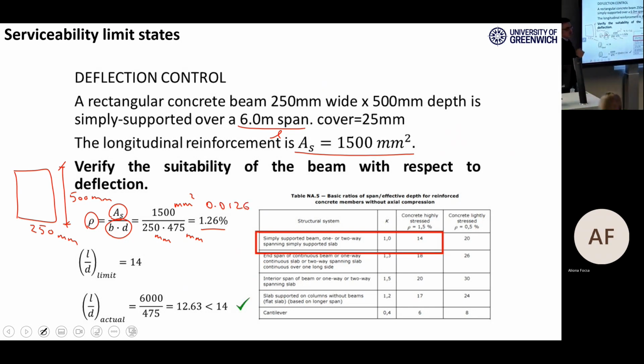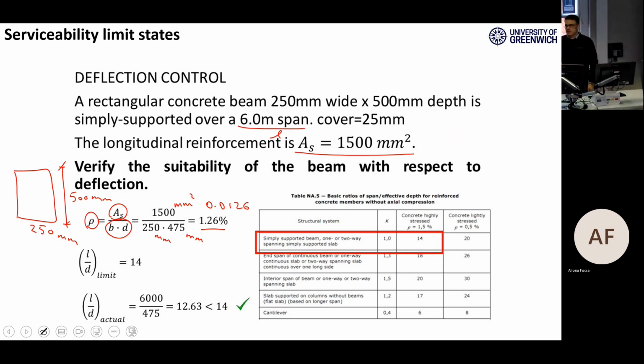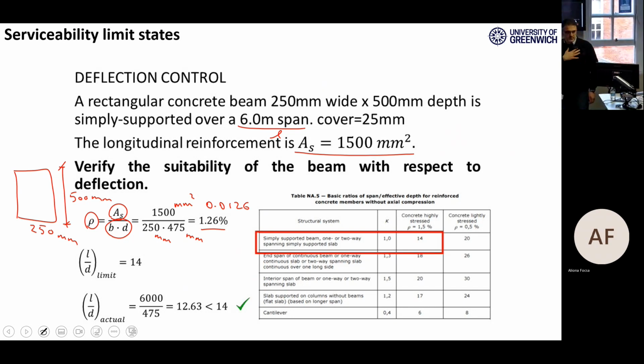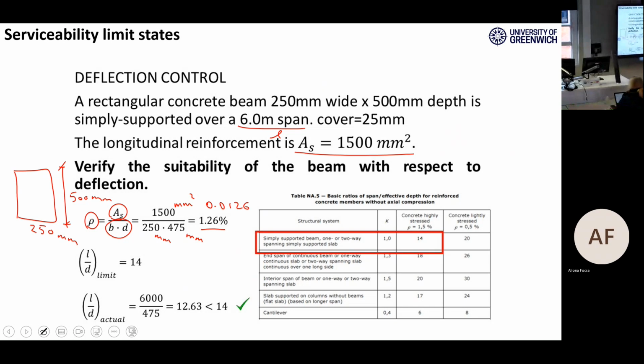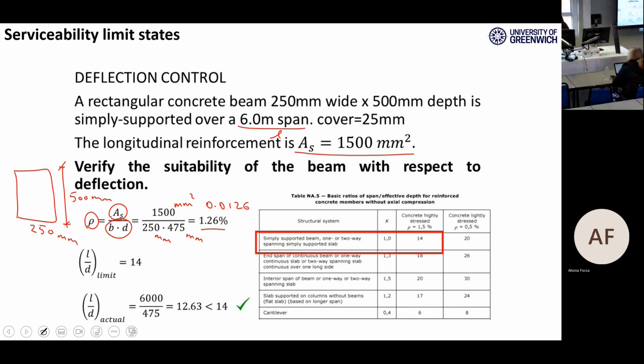When you multiply it by 100, you will get it in terms of percent, right? So if it's 1.26 in terms of percent, we are in the first column, not the second one. We are closer to 1.5.